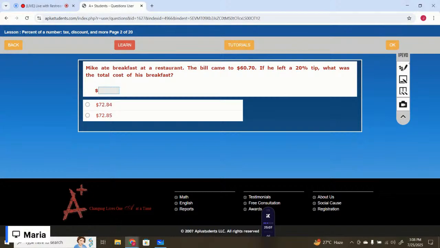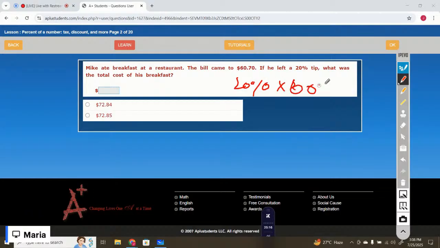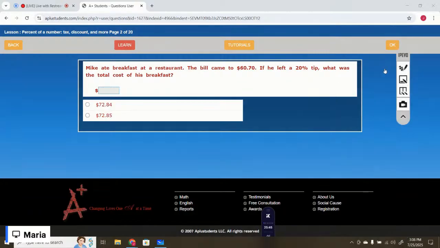Let's just calculate the 20% tip, right? Twenty percent times 60.70, that is 12.14, right? The total is 72.84. Option number one is the correct option.